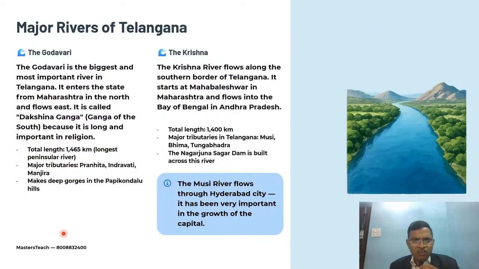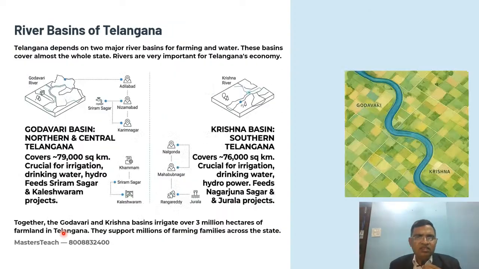Nagarjuna Sagar is built on this particular river. The Musi river flows through Hyderabad city. It is very important in the growth of Telangana's capital city, Hyderabad.